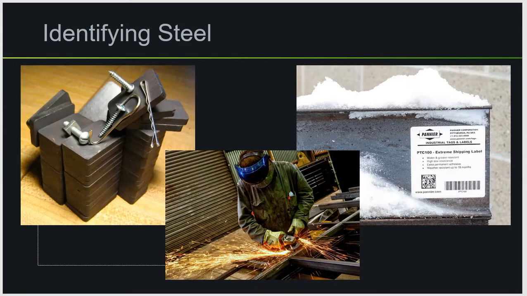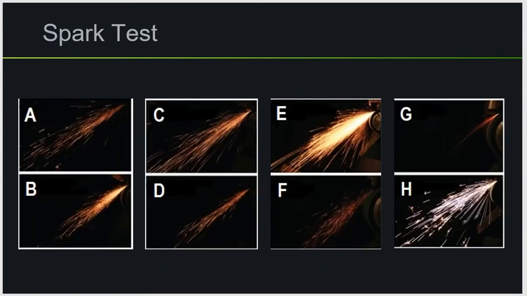And so here I've got a couple of examples. So over here you can see a pile of magnets, and you can see some everyday steel items that are sticking to them. We have our shipping label, and then we've got someone who's just grinding steel. And so we can look at the color of the sparks, the shape of the sparks, so on and so forth. And so I've got some spark patterns here.